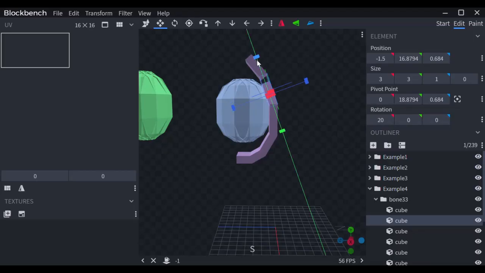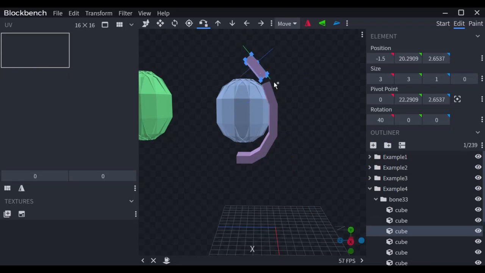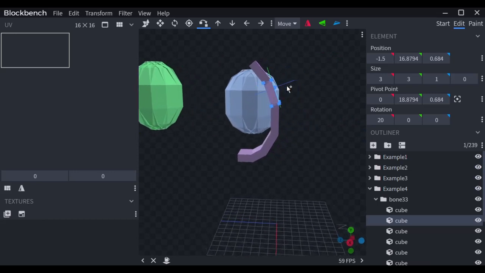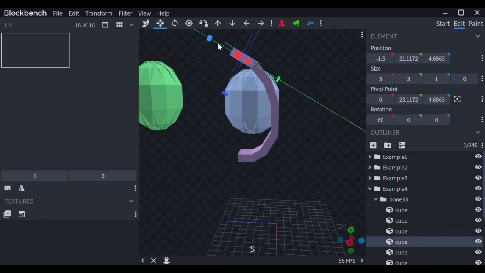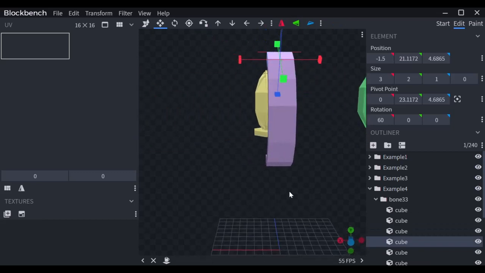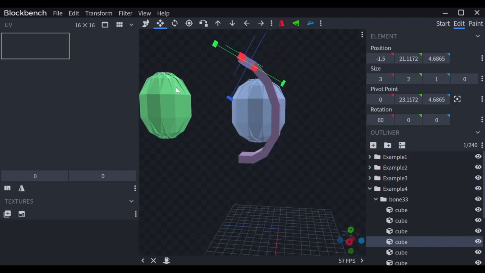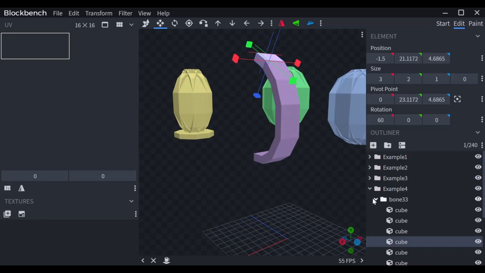I might actually do this 3 tall instead of 4, just because it does seem to be getting pretty long. 40 and then 60. Alright, so we have this ring. It's already pretty different from these in that it's more of a half teardrop shape than a half oval.